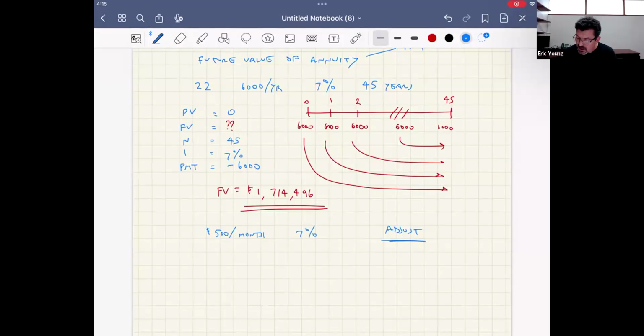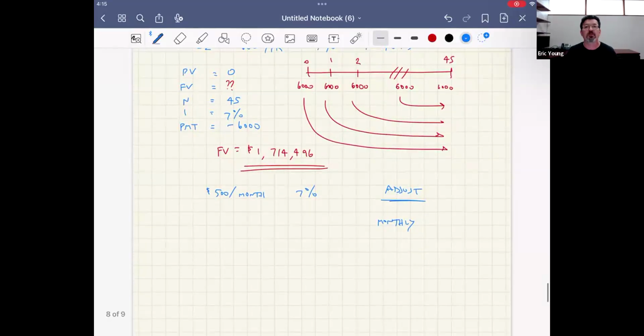And specifically, since right now we're talking about going from a yearly contribution to a monthly contribution, we have to adjust N by multiplying by 12. In other words, we are going to contribute for 45 years, but since we're doing it monthly and there's 12 months a year, our N is going to be 540.